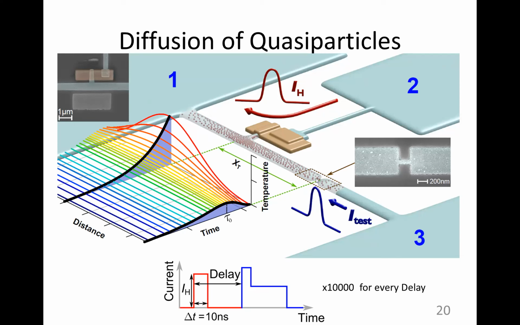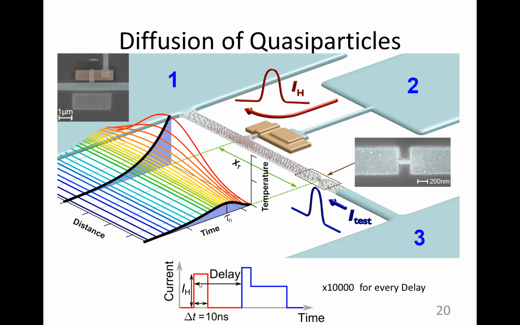Given that they should still have an excess thermal energy by the time they arrive, we should be able to observe an excess temperature at the position of this thermometer. So this is what we try to do.